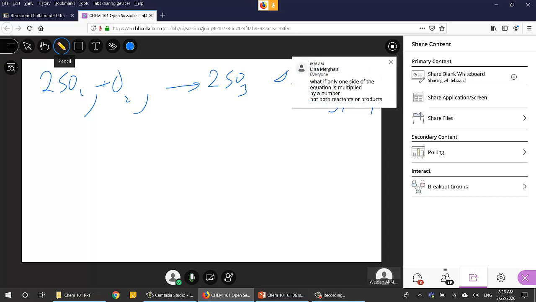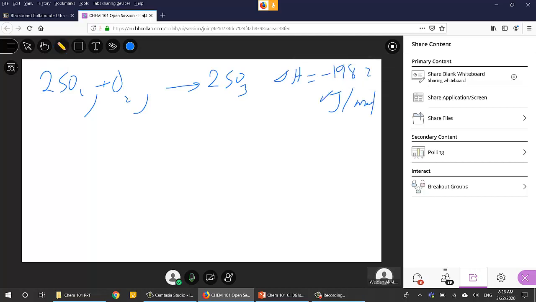The way I understand it is that it's kilojoule per mole of oxygen, because oxygen here is the only one that has one coefficient. So if 1 mole of oxygen is reacting, that value, minus 198.2, will be produced. If 2 moles of SO2 are reacting, then minus 198.2 will be produced. If 2 moles of SO3 are produced from this reaction, minus 198.2 kilojoule will be released, and so forth.